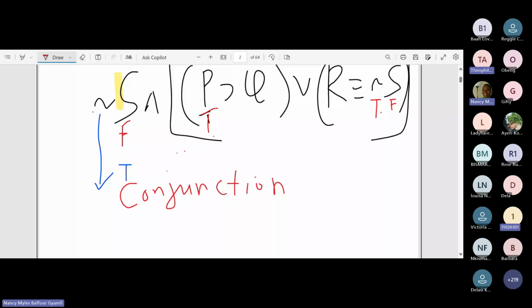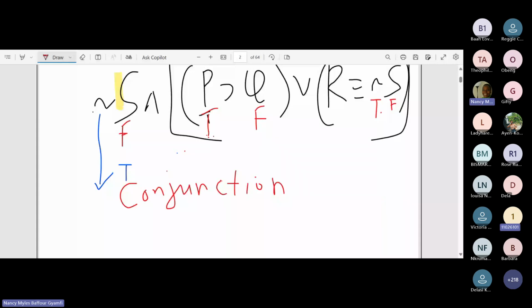With the conditional, I have not given you the truth value of the conditional. I've just given you the truth value of P, the antecedent. If P, which is the antecedent, is true, it doesn't tell us anything about the conditional. If the antecedent is true and the consequent is false, then we will know that the conditional is what?